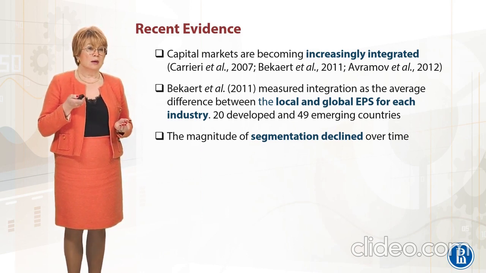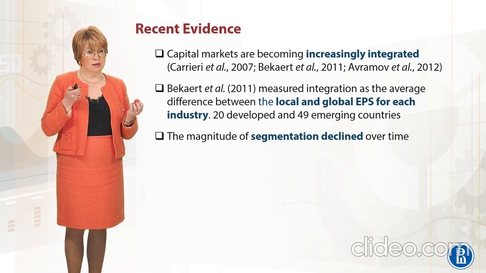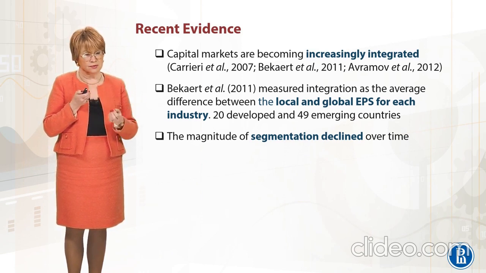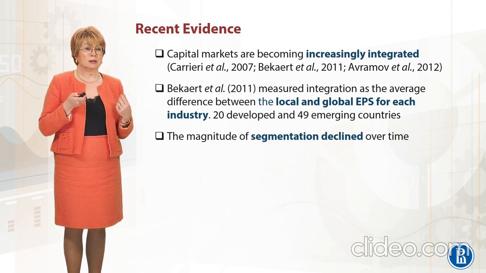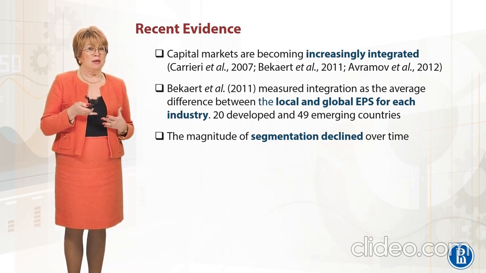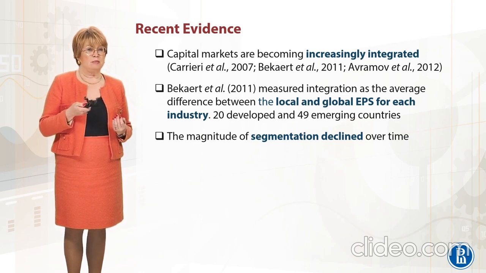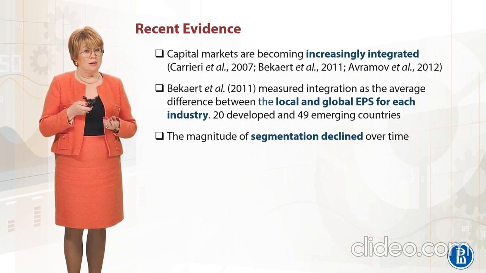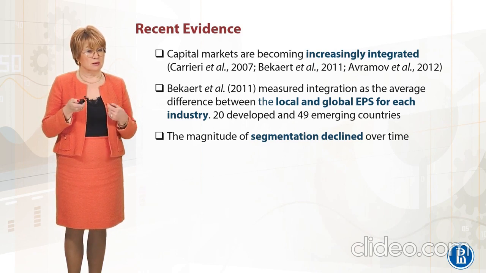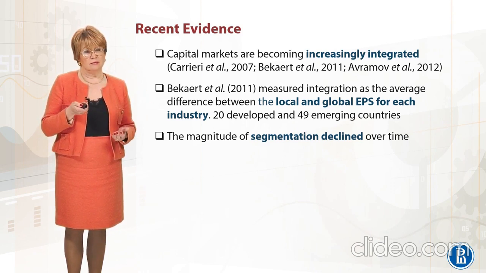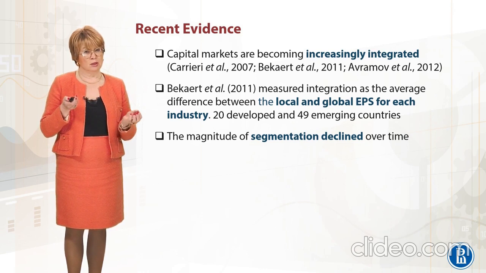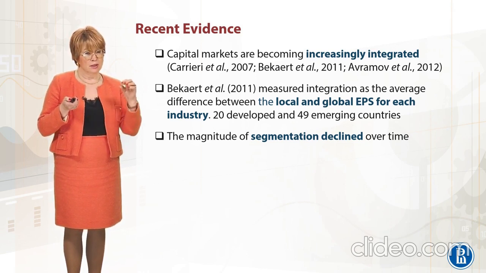Next, we also see that the degree of difference between the local and global capital markets is also decreasing. You see here the paper of 2011, which was made with empirical data of 20 developed and 49 emerging capital markets.